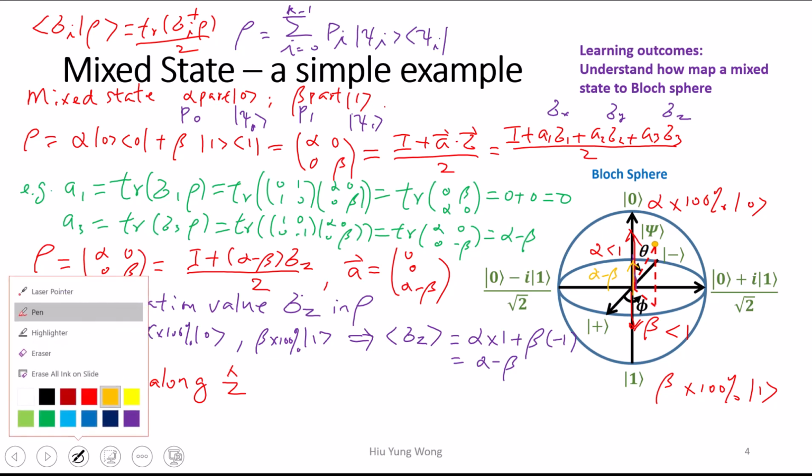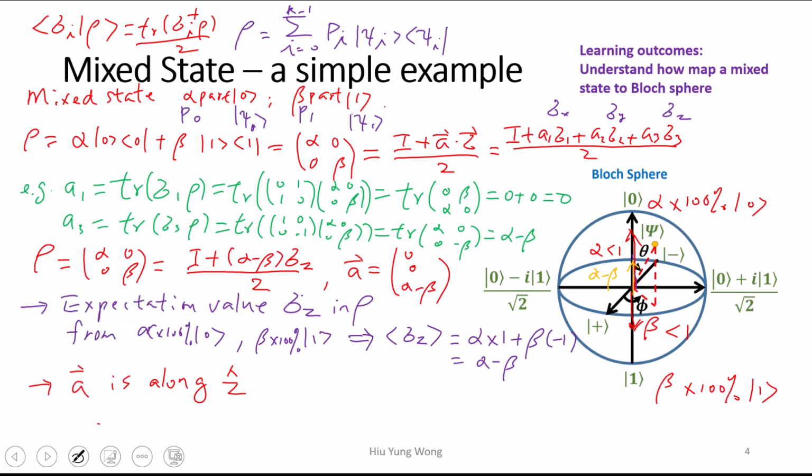So it looks to me that this A is along Z, and it also represents the expectation value of sigma z. Right? Do you see that?